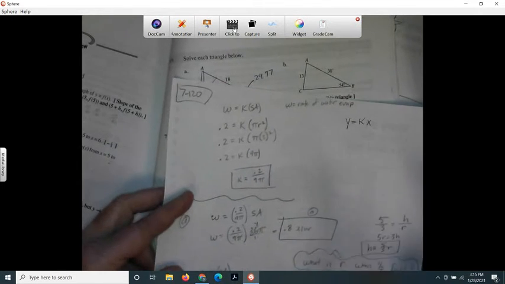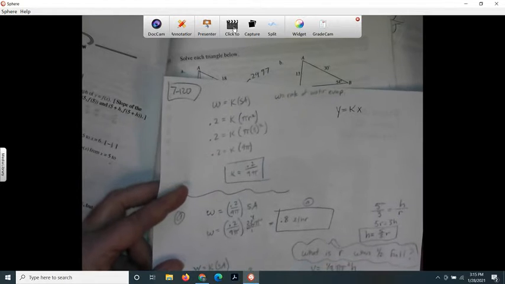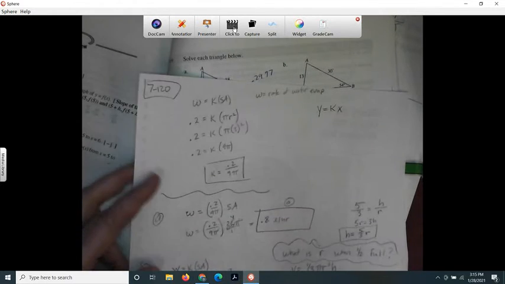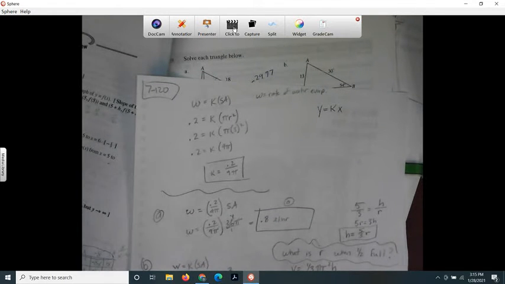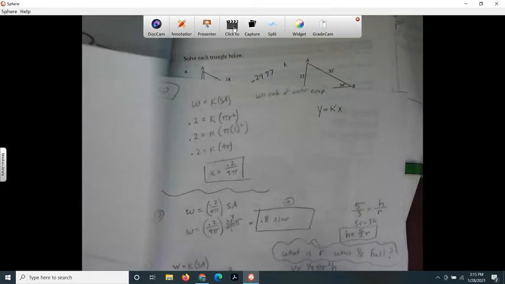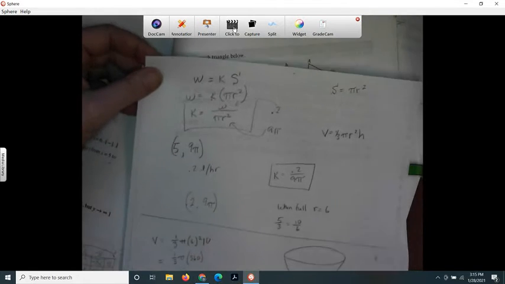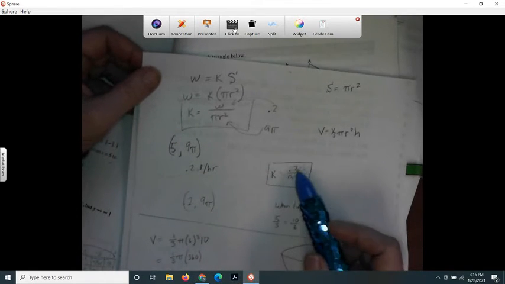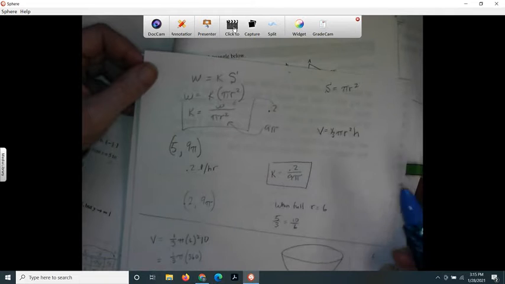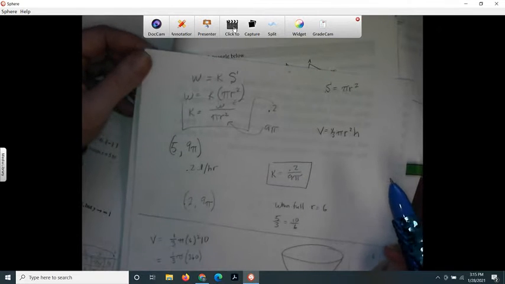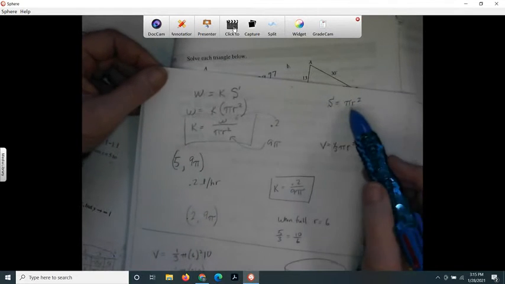Then I know that k is 0.2 over 9 pi. Surface area is pi r squared.